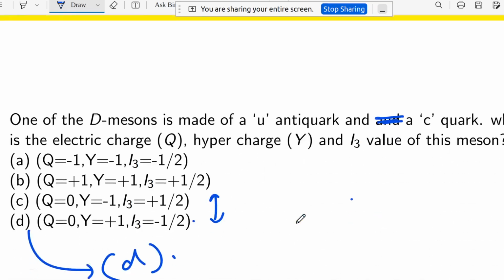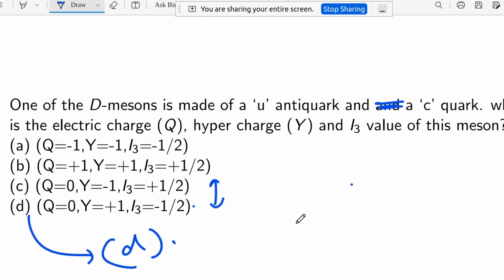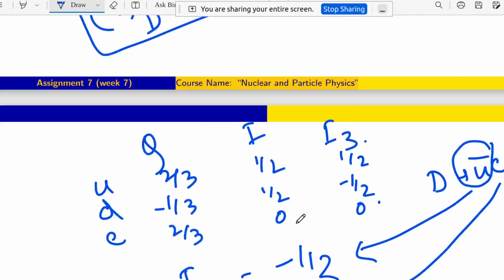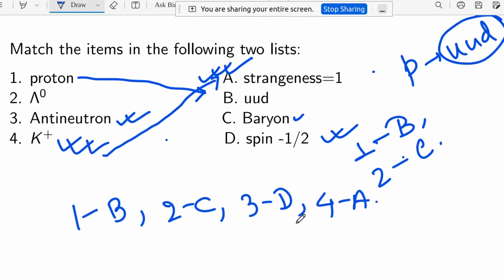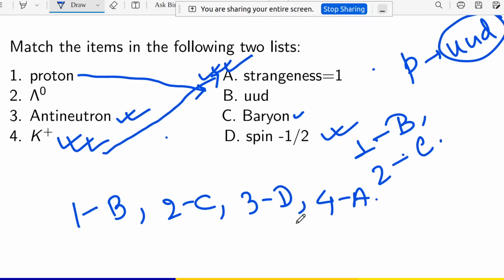Question number 8 is this one. Question number 9 is this one. So there are 9 questions.